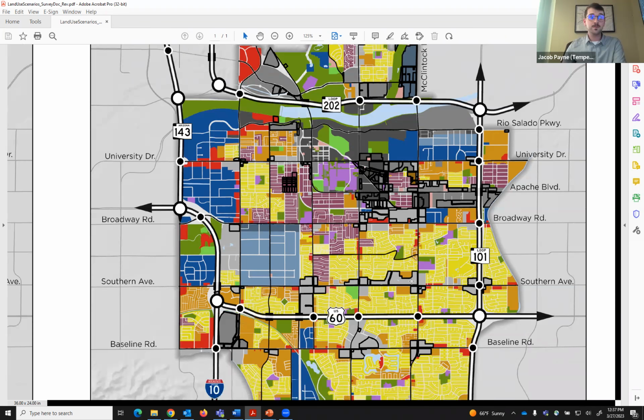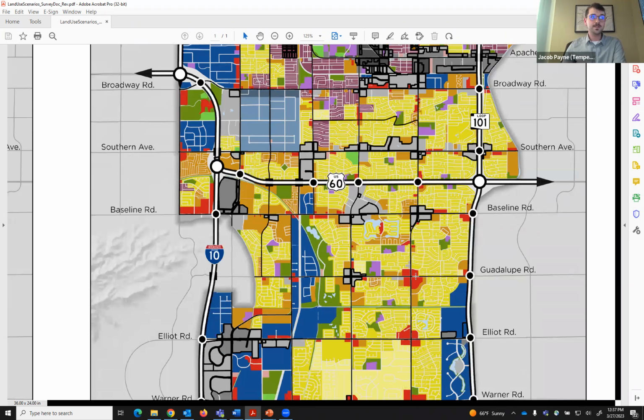We use that map to inform a lot of decisions, in addition to public feedback about where people wanted to see things. You can see some areas in scenario 3 where there's mixed use at corners in areas identified as land use hubs or growth areas in the plan. Mixed use there would allow for higher density commercial, and more opportunities to give people the amenities they need on a day-to-day basis closer to where they live.